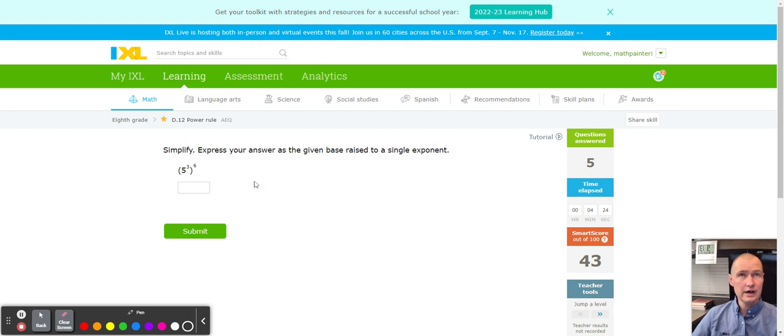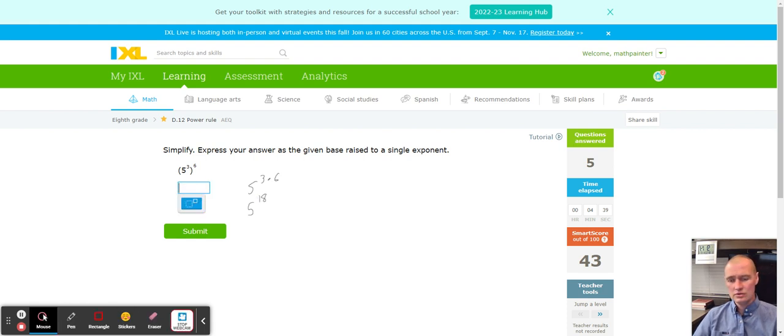So I got 5 to the 3rd power times 6. And 3 times 6 is going to be 18. That one looks familiar. I think that was one of our first problems. So we're going to do 5, exponent tool, 18. Again, just multiplying the exponents here.